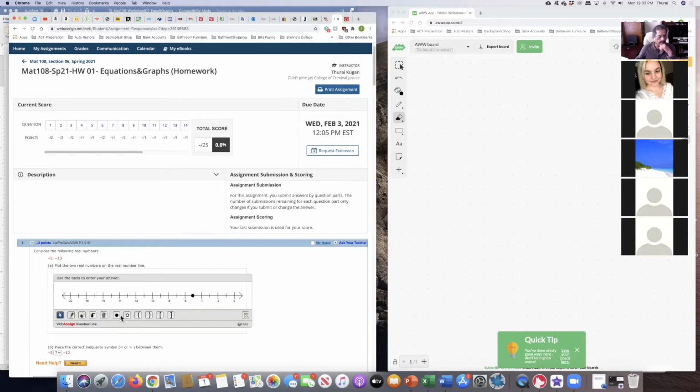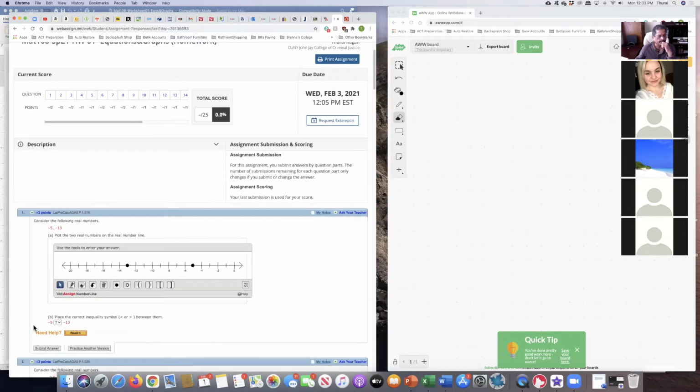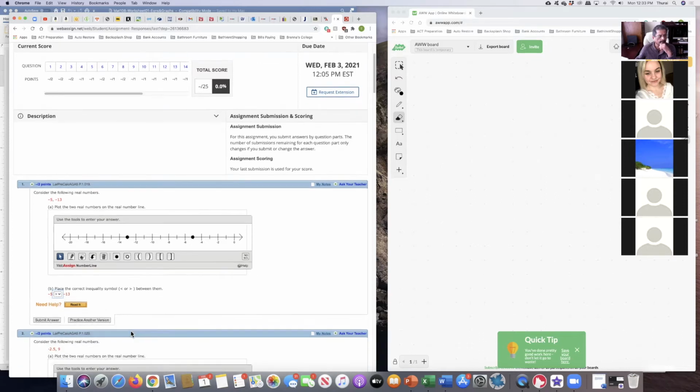And -13, you click at the circle again, and then -13. And then the second part asks, is -5 less than -13 or greater? You select the inequality symbol here, greater, and then submit.